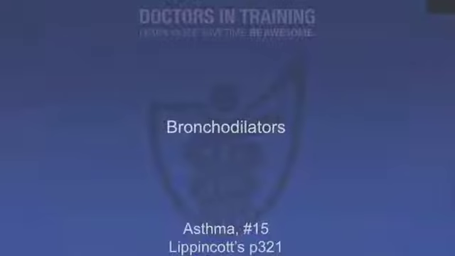So when we talk about beta-2 agonists, they work as bronchodilators. It's a selective medication. It goes to the beta-2 receptors in the lungs, although you can get systemic symptoms from the medication. The most common of these are some muscle tremors and increased heart rate.